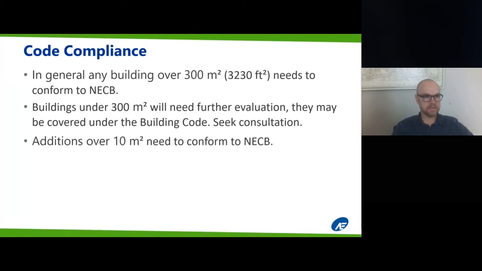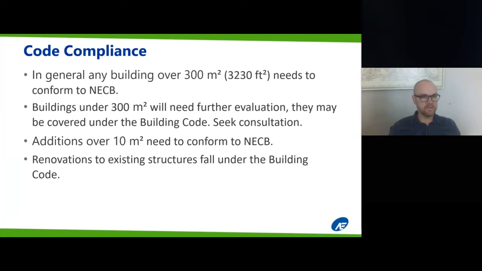Additions over 10 meters squared need to conform to NECB. So 10 meters squared is about 100 feet squared, which is a 10 by 10 room, which is really small. So in essence, virtually all additions need to conform to NECB unless you're building a small lean-to or something like that.